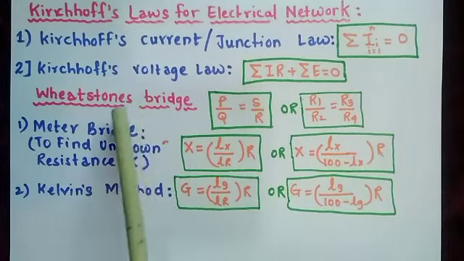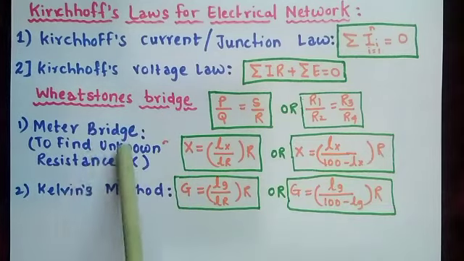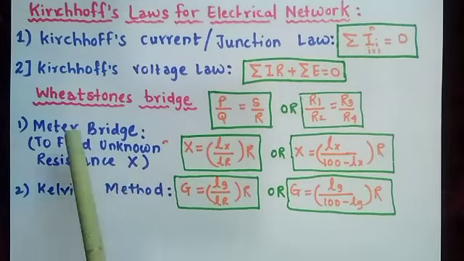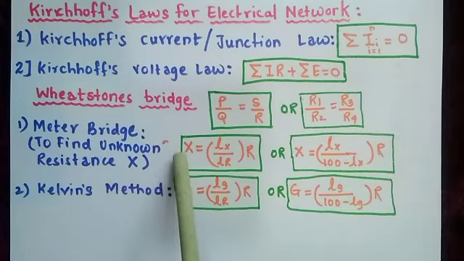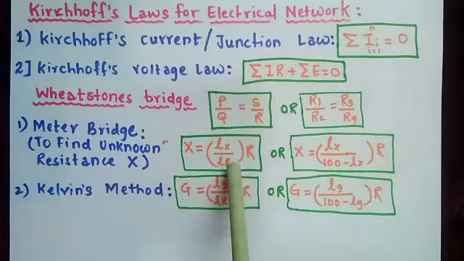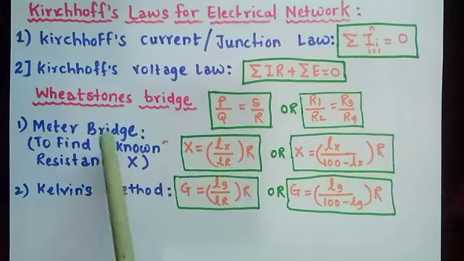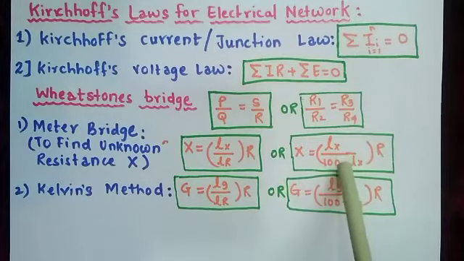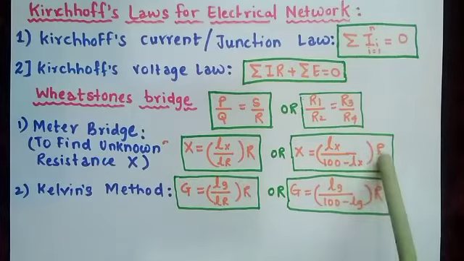The meter bridge is used to find an unknown resistance X. We studied the setup of the meter bridge experiment and derived the formula for X, the unknown resistance, which is equal to Lx upon Lr into capital R. What Lx, Lr, R and X are, we have already studied in the derivation. Or we can say that X is equal to Lx upon 100 minus Lx into R.